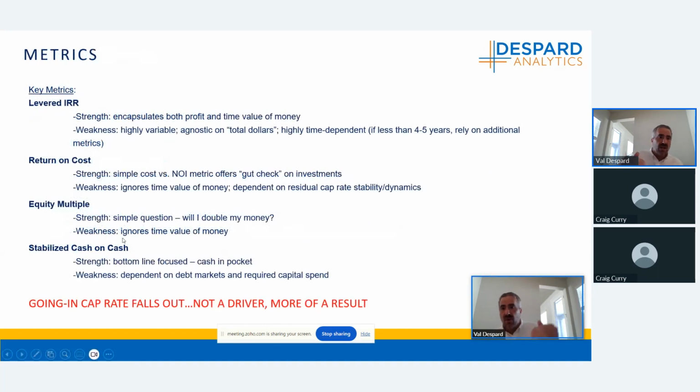So here's a breakout of the key metrics that I would look at. Levered IRR is an obvious one. It captures the profit and timing. The problem with IRR is it's really variable. It might work on paper as, let's say, a 15 levered IRR or 20 levered IRR, but one thing goes wrong in your underwrite, whether it's timing or cost, and your IRR drops quickly.